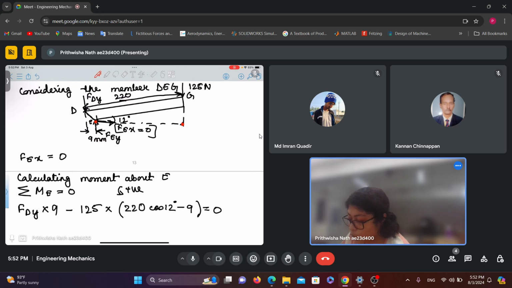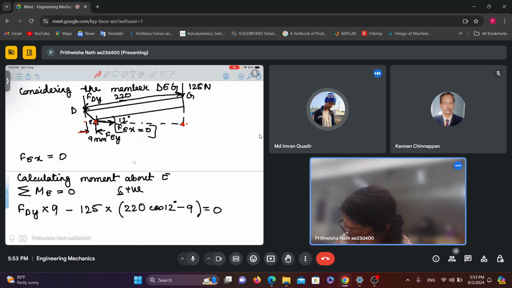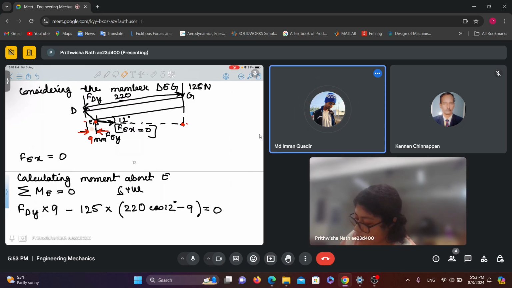So 220 cos 12 gives this total distance, right? Yes, ma'am. So I'm subtracting 9 from there. Ma'am, how can I write in 9? 9 is given here in the question, right? This is 9. Okay.